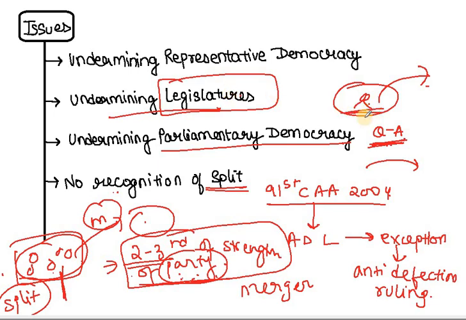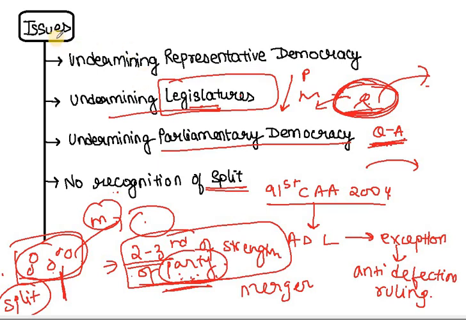The role of an MP and MLA is very important. He decides on the bills, the schemes, the acts, the budgets and the manifesto of the party, and if he is switching the party using this loophole, that brings down the reputation of the party and the respect of the legislature. So it is against the representative, democratic nature of the country.